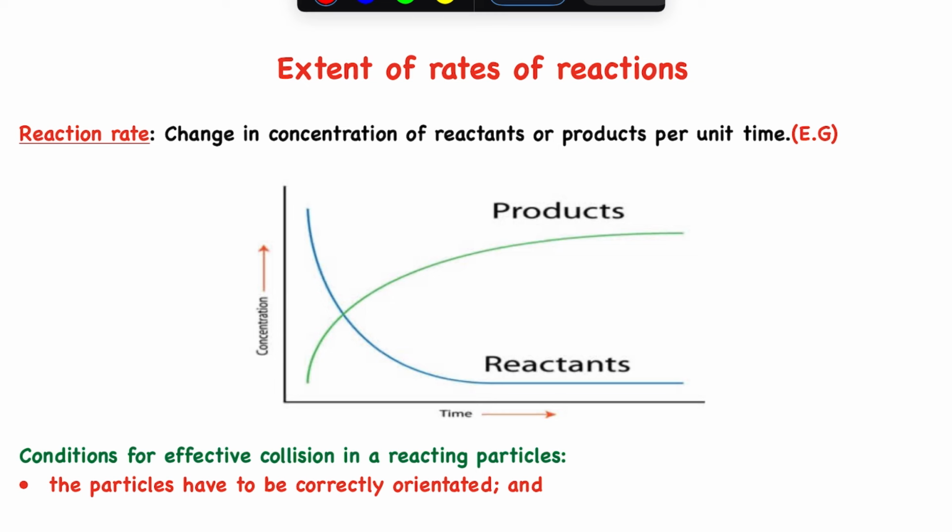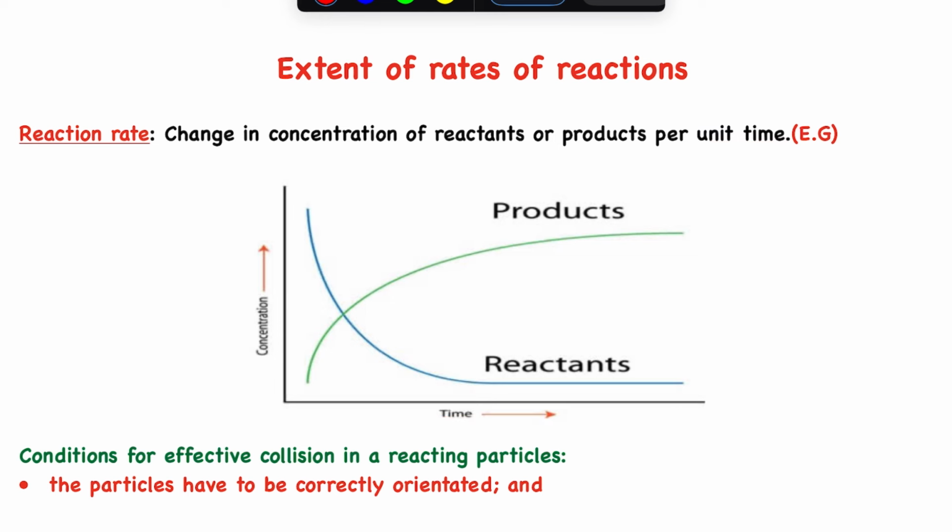But according to the exam guideline, we say reaction rate is a change in concentration of reactant or product per unit time. So, as I've mentioned, in a reaction, there's a change in concentration of reactant or product. The reactant's concentration decreases, while the concentration of product increases at a given time, so that per unit time is very important.